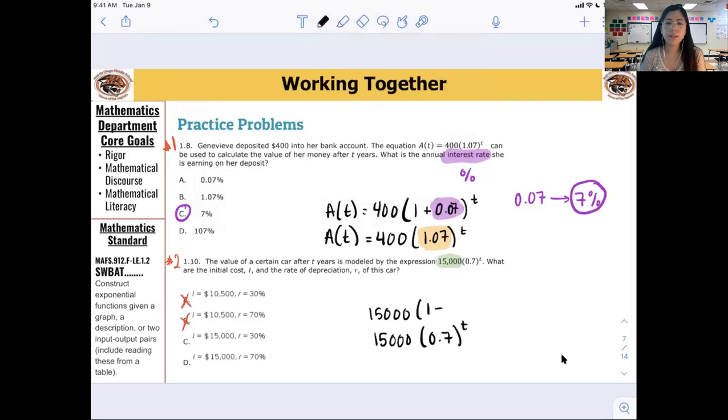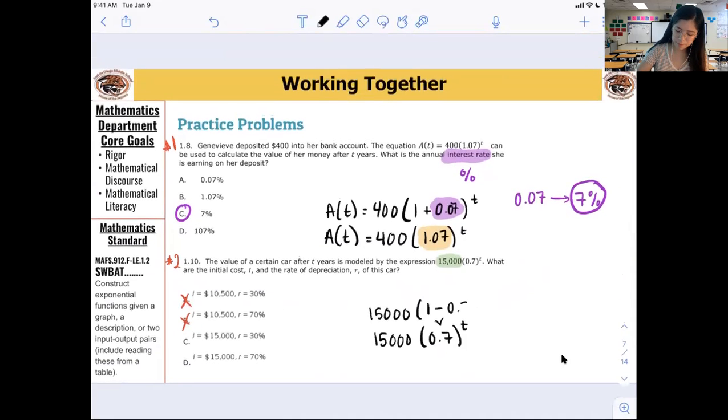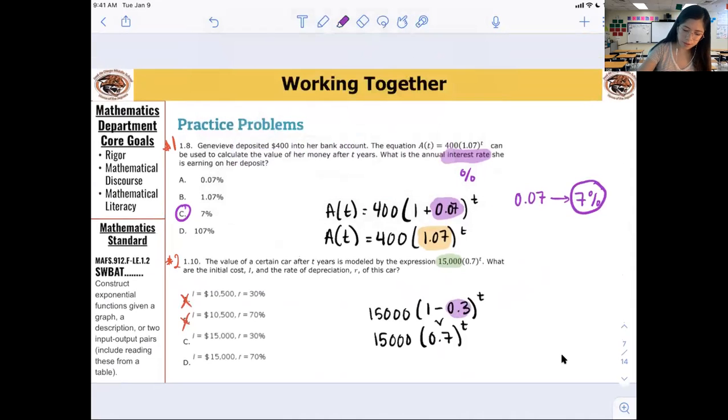And what number gets subtracted from 1 to give me 0.7? 30%, which is in decimal form, 0.3. Good, 0.3. And 0.3 as a percentage is 30%. So that gives me answer choice C, which was the winning answer.